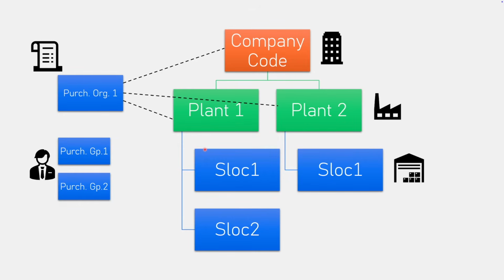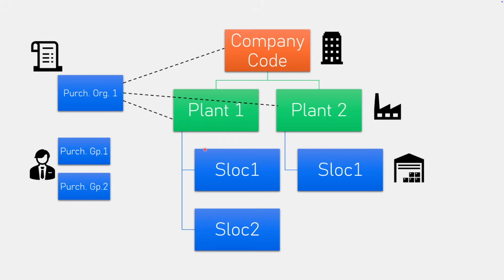So these are the various checkpoints where you enter these organizational elements, and this is how you utilize them across your company. Okay, so this is all about the organizational structure. I hope that you have understood it. In our next step, we will see how we create these organizational elements in SAP and how the assignment of these organizational elements is done in SAP.